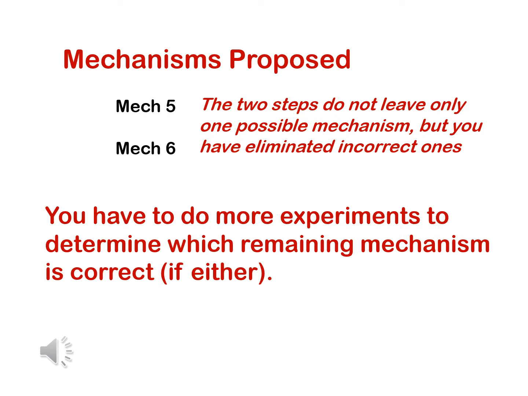Even after doing those 2 steps, you still are not down to 1 possible mechanism, but you have eliminated ones that are not correct. You then have to do more experiments to figure out which, if either, is the correct one, and we're going to discuss those kind of experiments also.